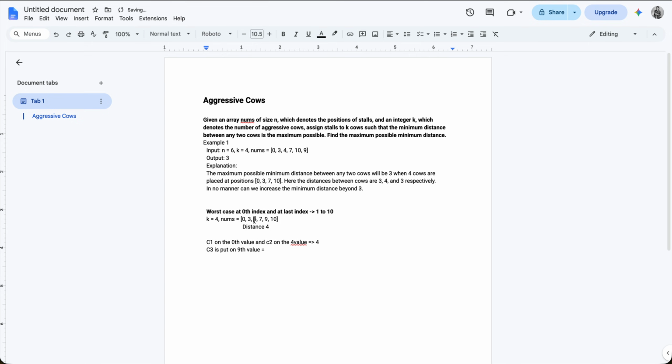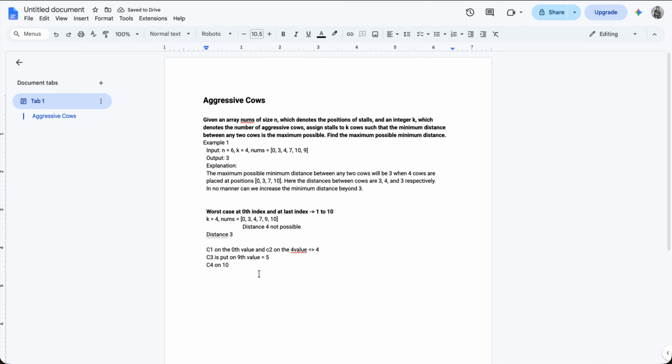So cow 2 is over here, cow 3 is over here, so the overall distance is 5, which is okay to me. Because I'm looking for distance 4, I have to put cow 4 on the 10th, because there is no other option. And if I put the cow over here, I will be violating this, so it is not possible. So distance 4 is not possible. So my answer is distance 3 for this question.